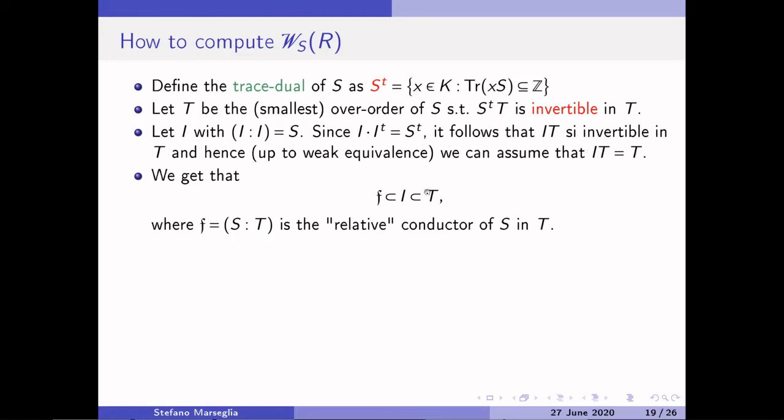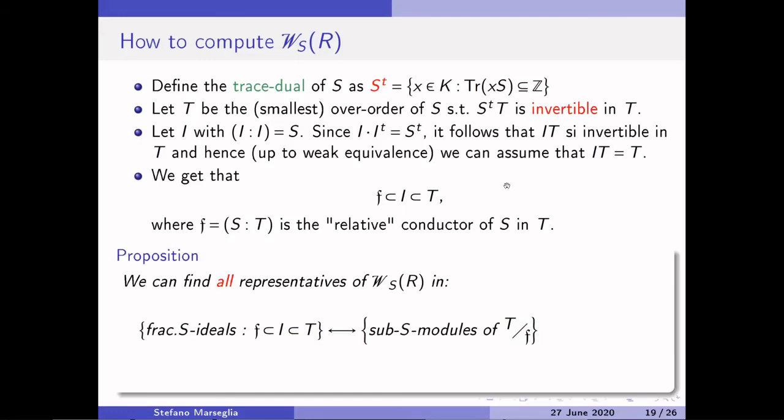So by this equality, we can immediately deduce by a very simple argument that we have these inclusions. So we are modifying our ideal with multiplicator ring S into an equivalent one, a weakly equivalent one, that sits inside these two specific ideals. And this proves that we can find all representatives of the weak equivalence classes of ideals with multiplicator ring equal to S in the set of fractional ideals that live between this relative conductor and this overorder T that satisfies this invertibility property.